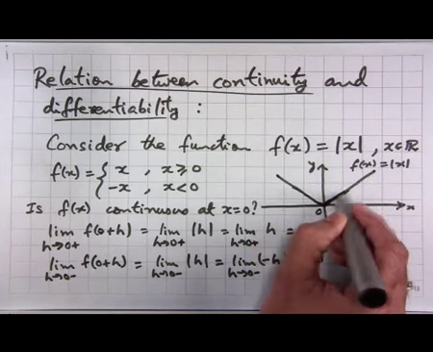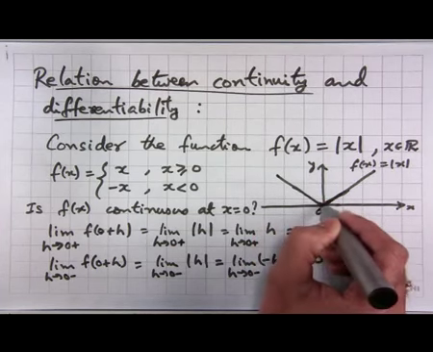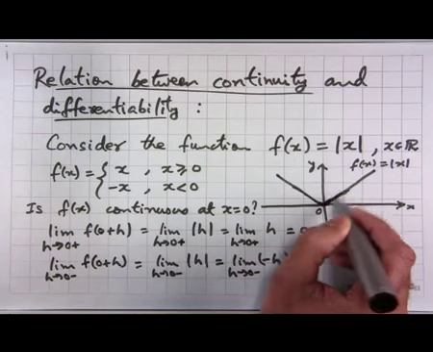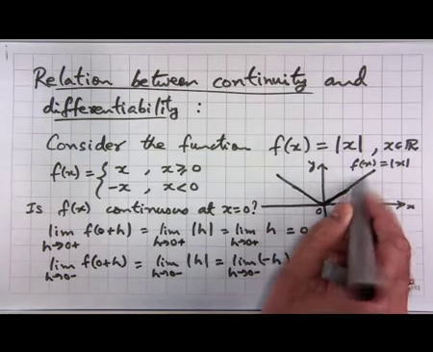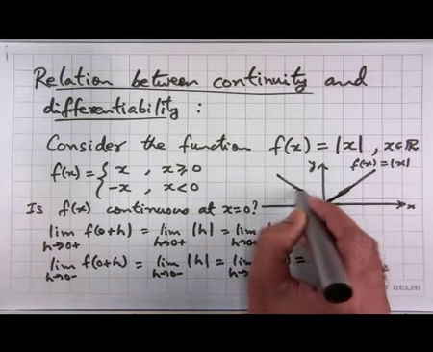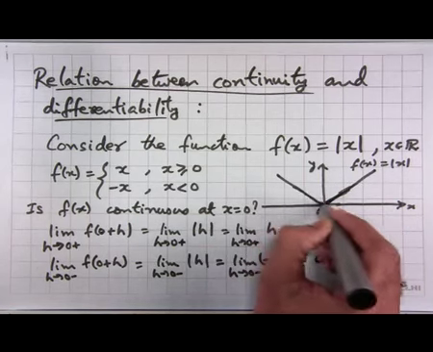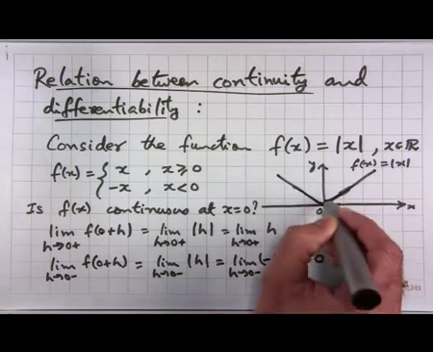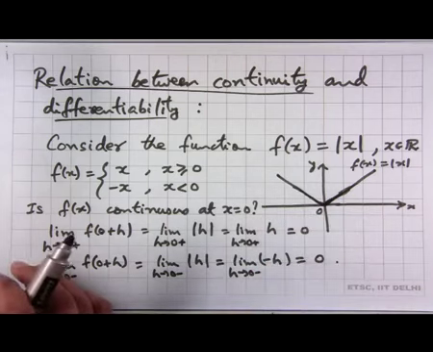So, there is no unique tangent line here, and in fact, the right hand derivative is nothing but the slope of this line, which is 1, and the left hand derivative is the slope of this line, which is minus 1, and they are not equal. So, the function is not differentiable.